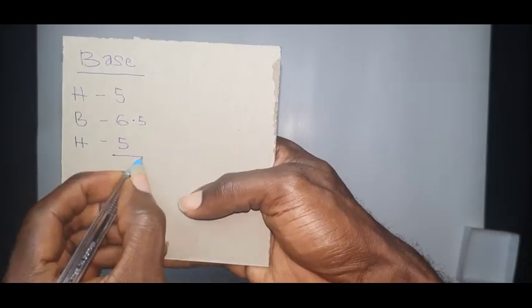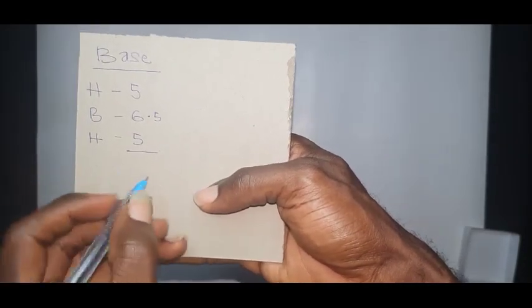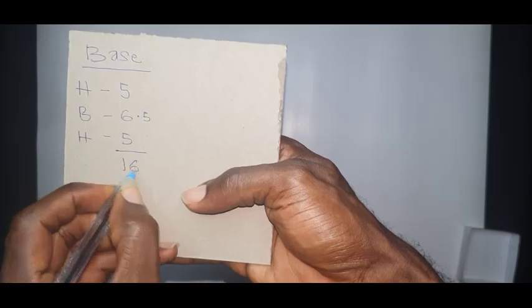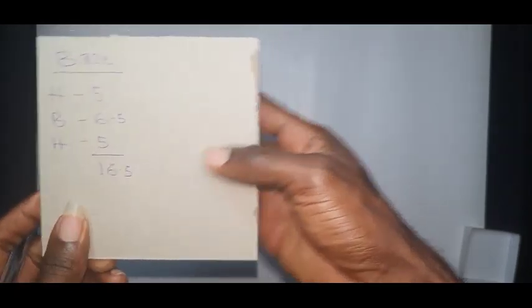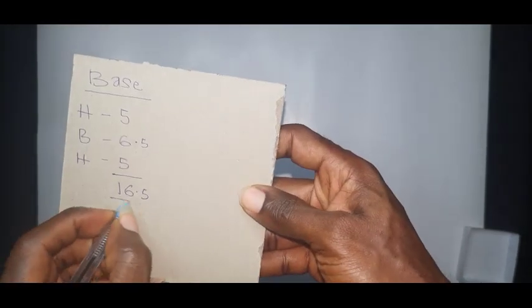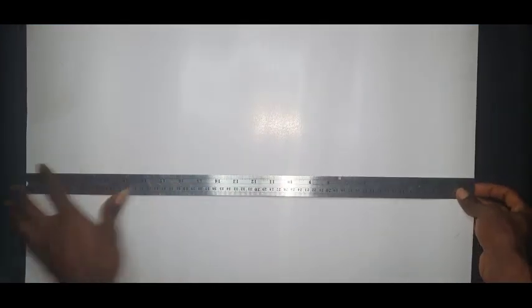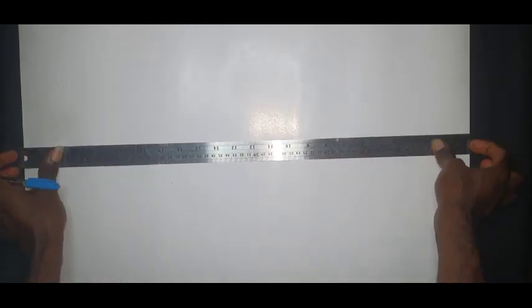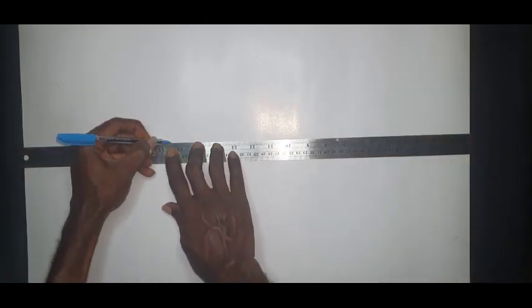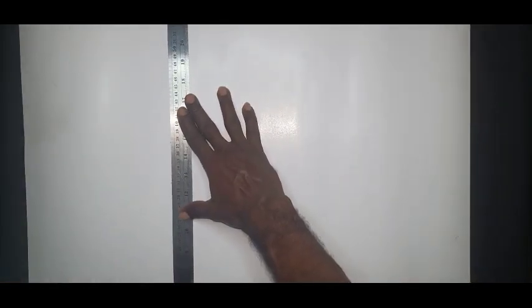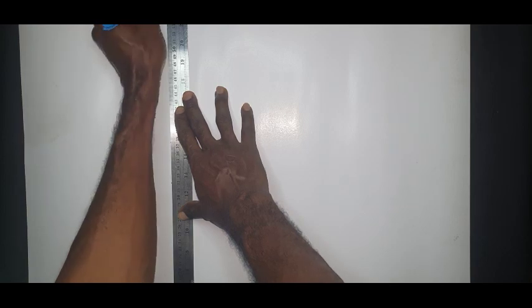The total length would be 16.5 inches. So we're measuring out 16.5 inches. You make two dots and join them together to give you a straight line.